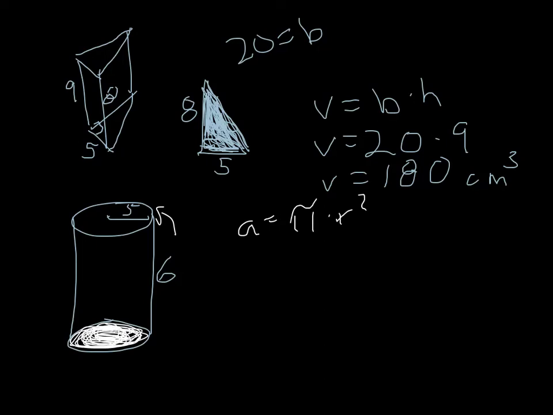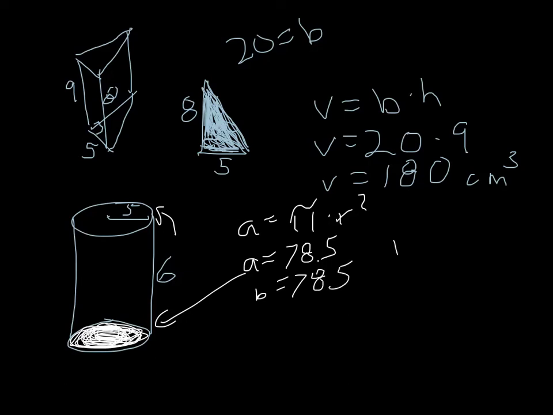If the radius is 5, 5 squared is 25, and 25 times pi, 3.14, gives an area of 78.5. That is the surface area of the base.